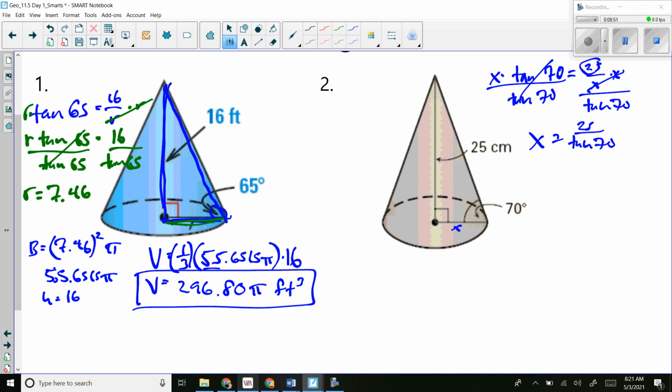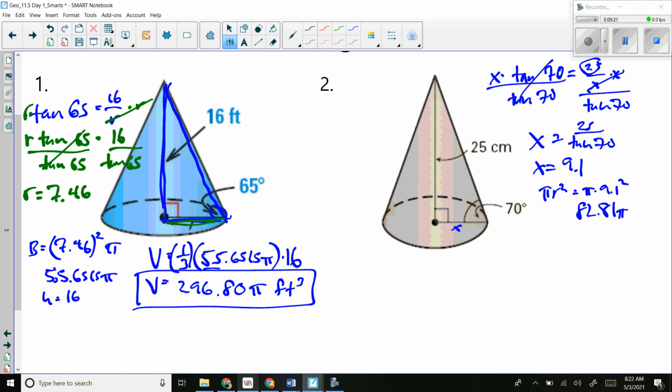If you type that in the calculator, I'm going to call it 9.1, rounded a little bit there. And that's my radius. So pi r squared, or pi times 9.1 squared, is actually 82.81 pi. That's the area of the base, the area of the circle at the bottom of the cone.